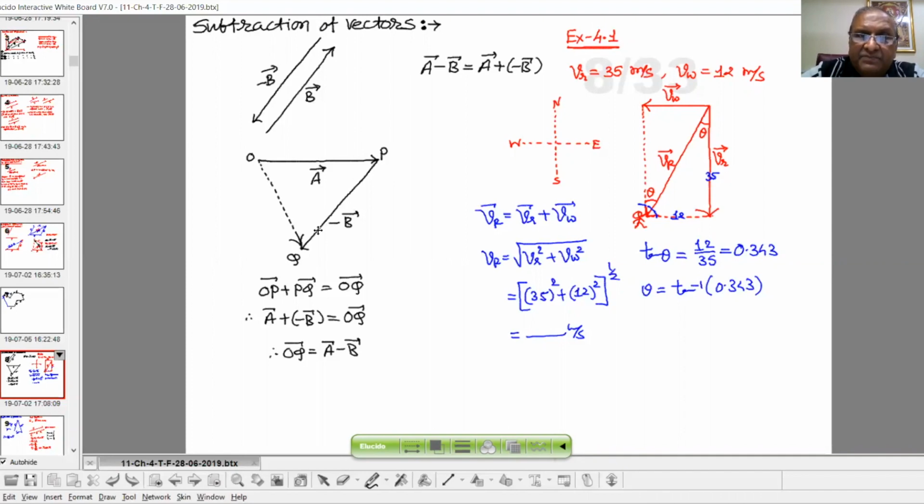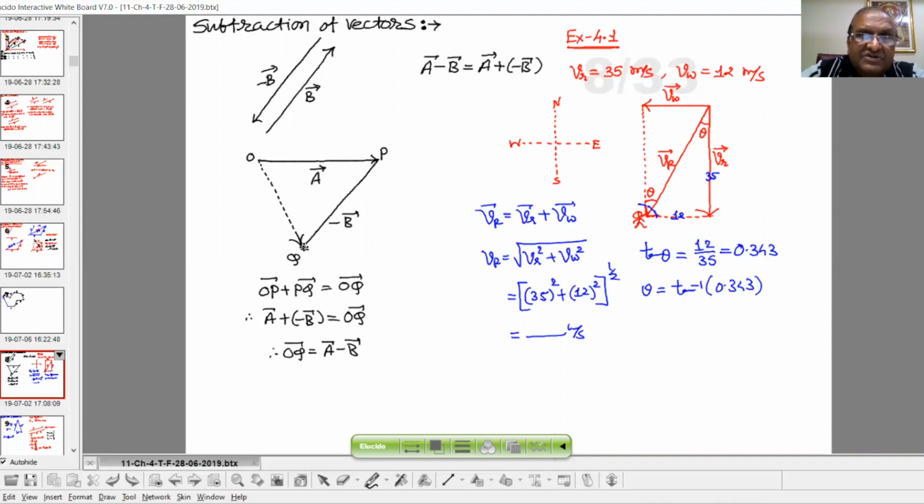Another vector is PQ. So here from the head of the first vector, the tail of the second vector is placed, and the second vector is started from the head of the first one.